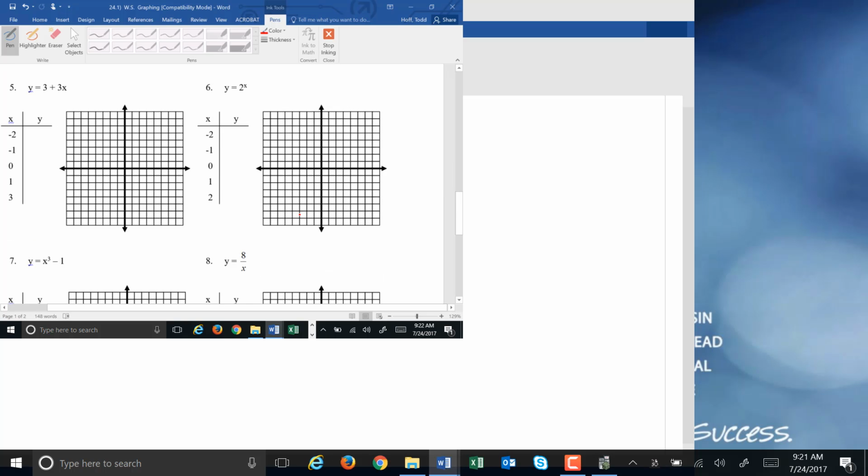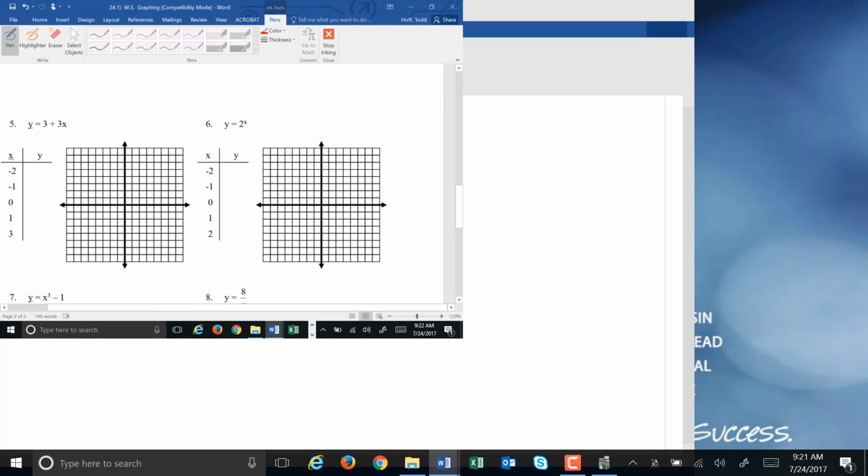Number 5, y equals 3 plus 3x. Looks like that. Number 6, y equals 2 to the power of x. Looked something like that. Remember we talked about asymptotes? And number 5 just disappeared, and so did number 6.